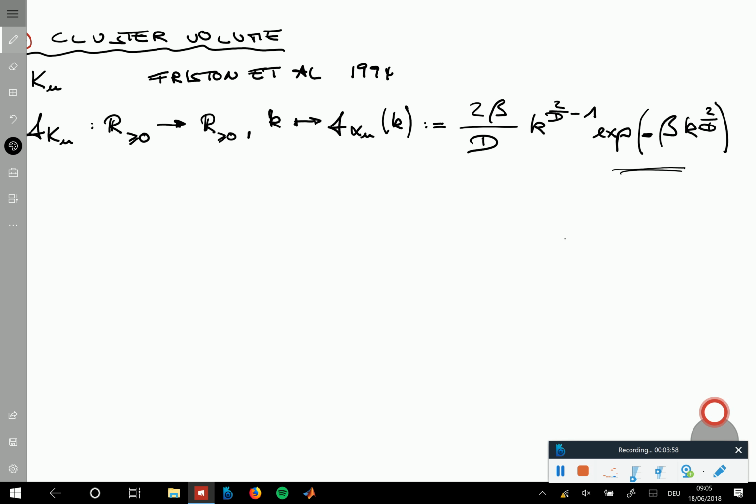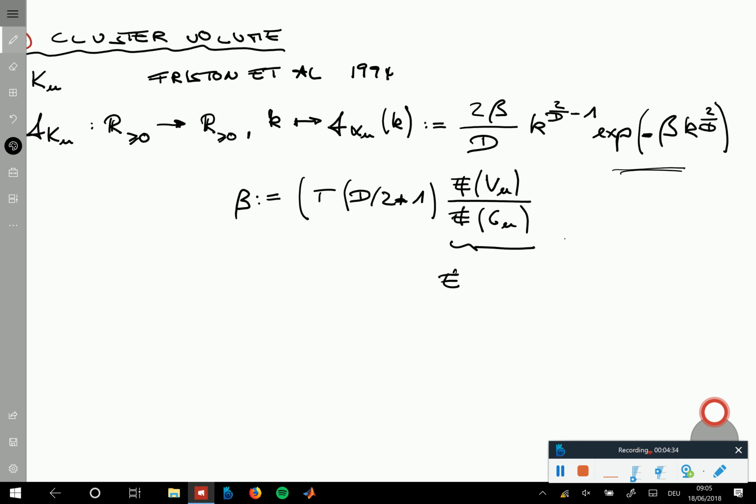So that's essentially a decaying exponential here in k. The question is, of course, what is beta? Beta is given by the gamma function evaluated at d half. So gamma function just a function. Google it, then you know what the gamma function is. I think I documented that somewhere. And then it's the expected volume divided by the expected number of clusters, which is, of course, just the expected cluster volume.